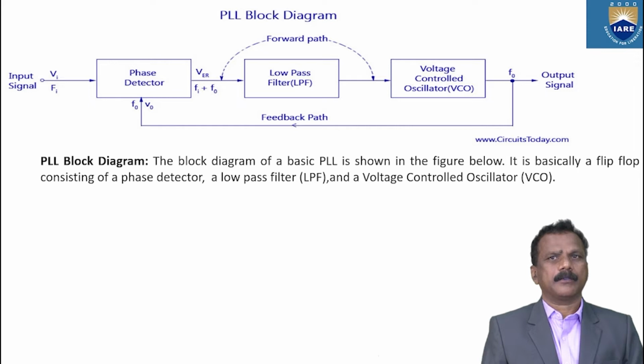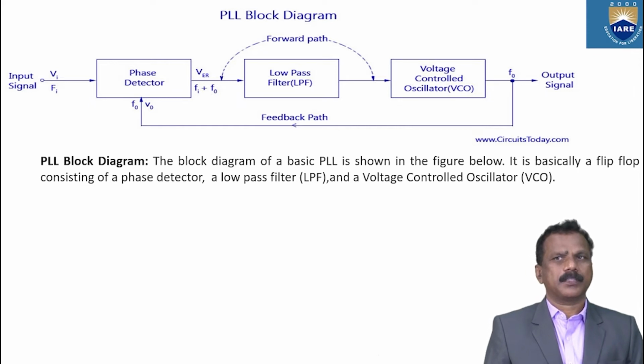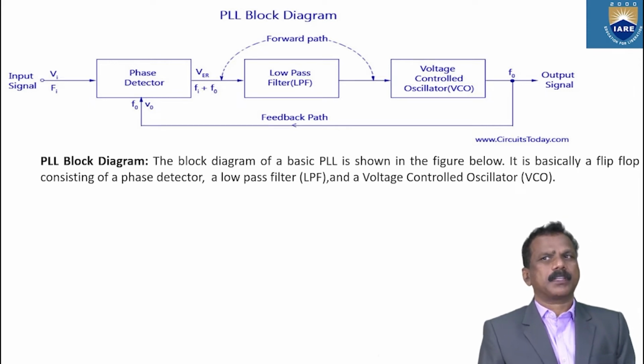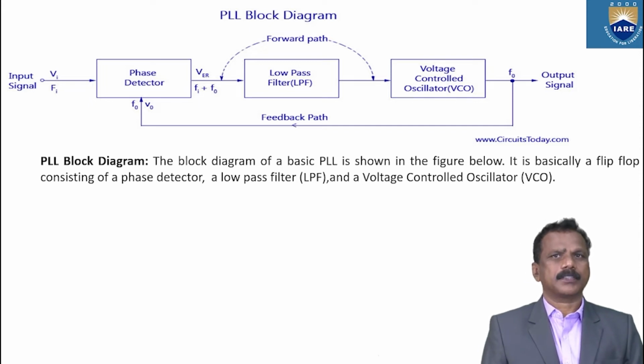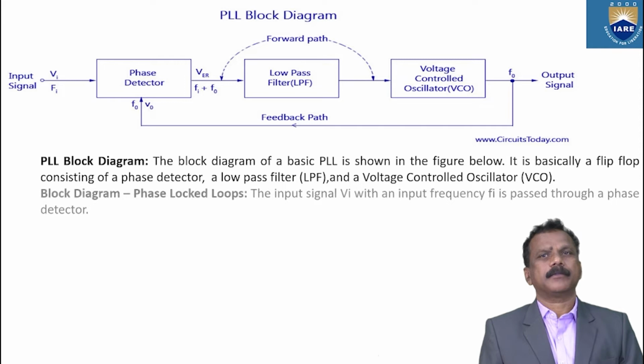PLL block diagram: the block diagram of the basic PLL is shown in the above figure. It basically consists of a phase detector, a low pass filter, and a voltage control oscillator.